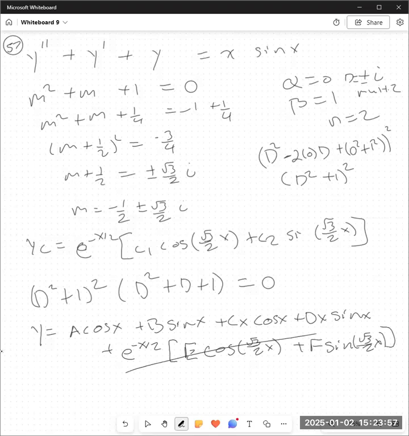All of this is already in yc, so my yp needs to be A cosine of x plus B sine of x plus C x cosine of x plus D x sine of x.